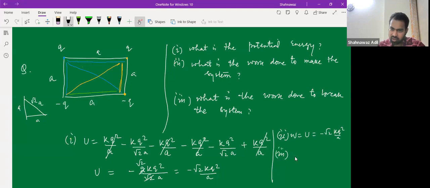This is the negative of this work done. So minus of W, which is plus root 2 kq square by A. So you guys quickly note it down, and in the next class we will start.